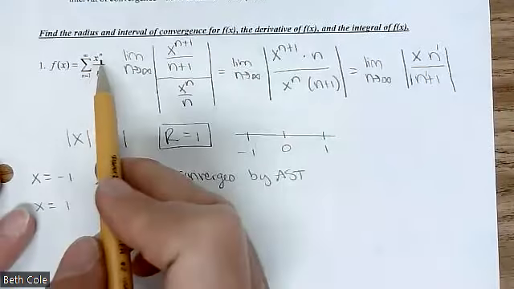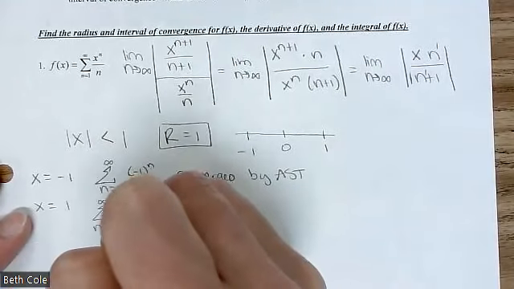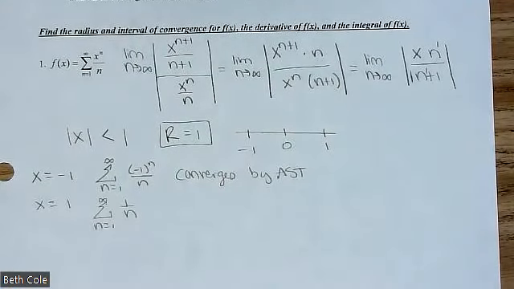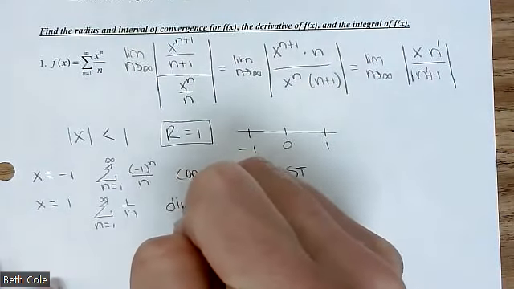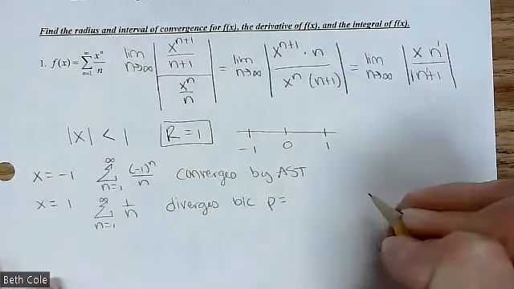All right, so plug 1 back into the original series. And you get 1 over n. And what do we think about that one? You are correct, sir. Why? p equals 1.